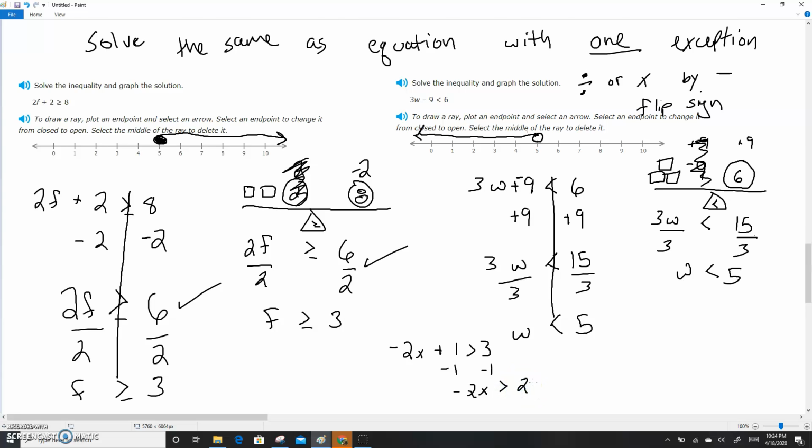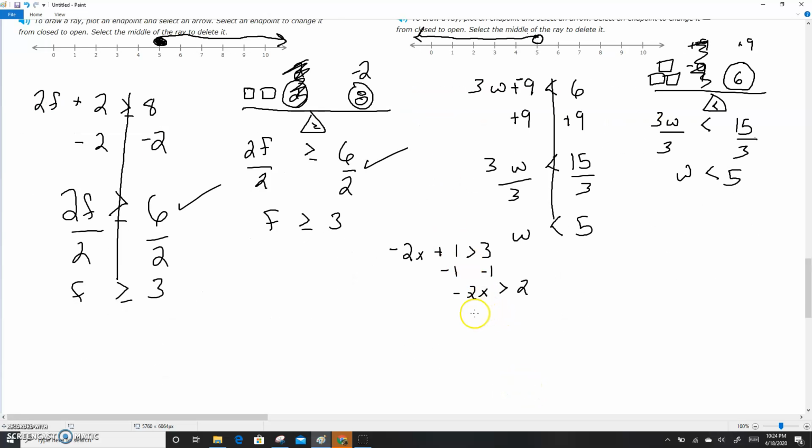Let me scroll down just a bit. I'm going to divide both sides by negative 2. But because I'm dividing by a negative, I'm not going to wind up with x is greater than negative 1. I'm going to flip my sign and get x is less than negative 1.